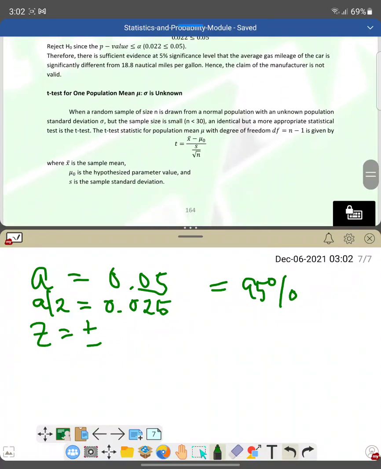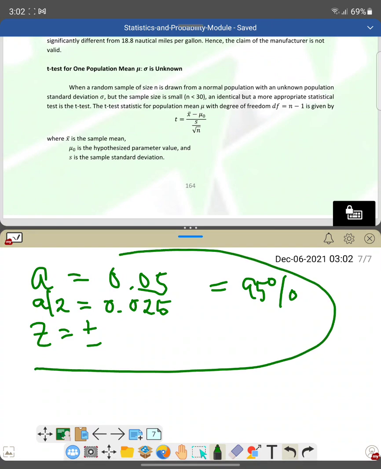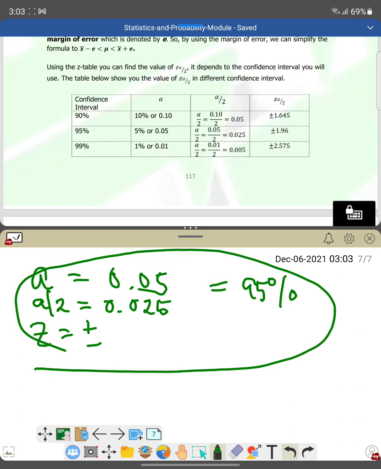For the test for one population mean, this time you could also use the z value. Take note, we have the computed z of negative 2.29. Here, take note also that we have the 95%. This time we are going to use the z value.